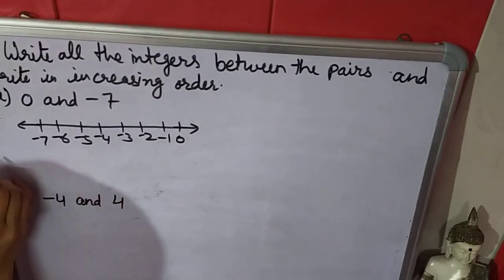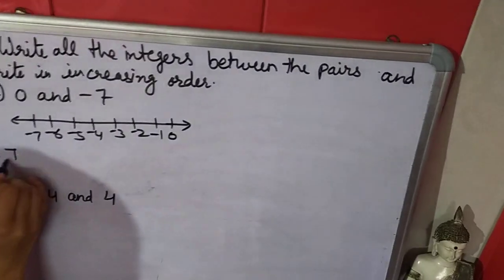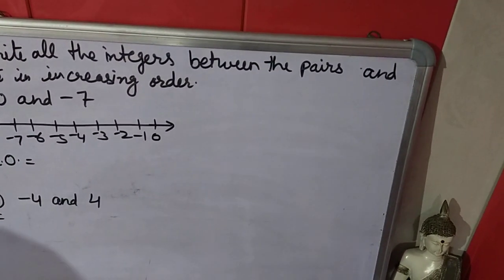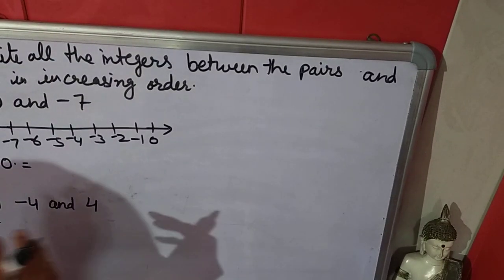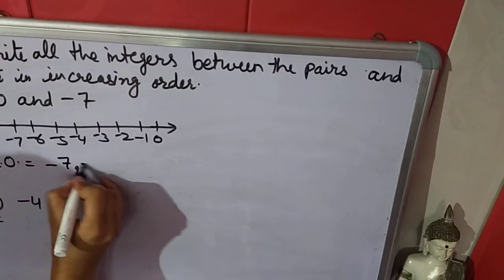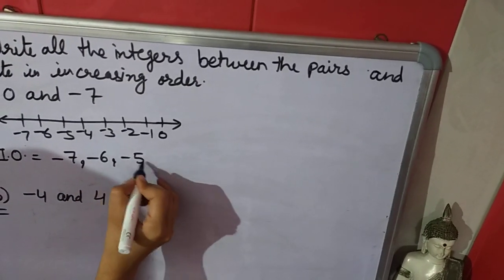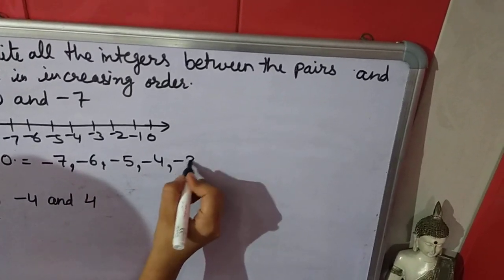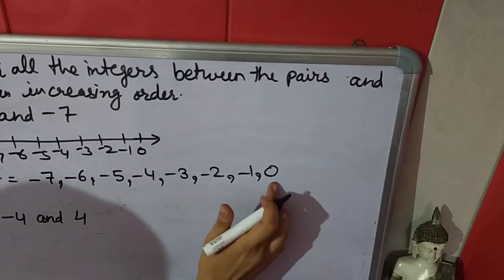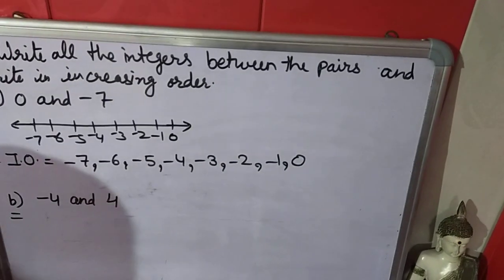Now you have to write these integers in increasing order. Increasing order means in ascending order, small to big. So which is the small number? That is minus 7, then minus 6, minus 5, minus 4, minus 3, minus 2, minus 1 and 0. 0 is the biggest number.